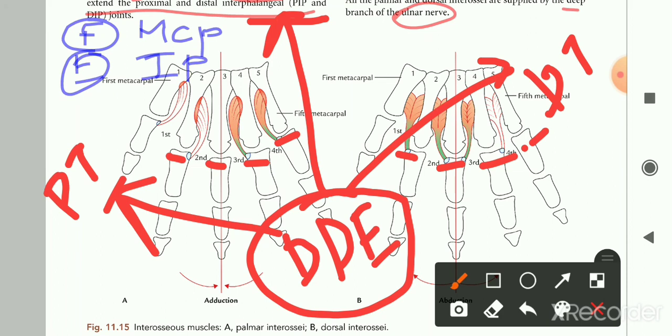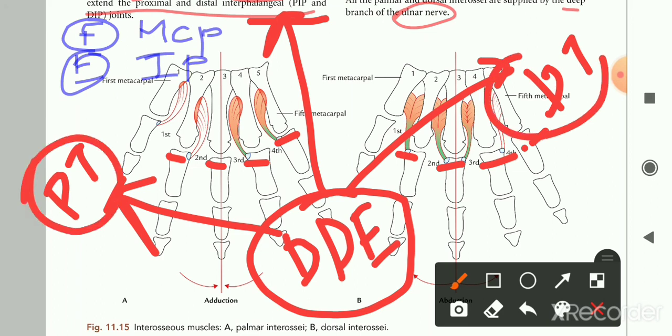What is the function of the palmar and dorsal interossei? Along with the lumbricals, they cause the same function: flexion of the metacarpophalangeal joint and extension of the interphalangeal joint.